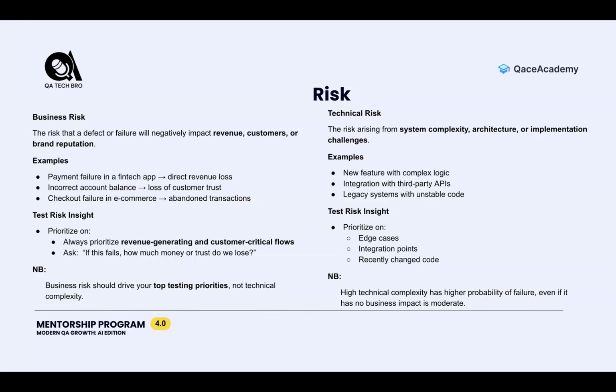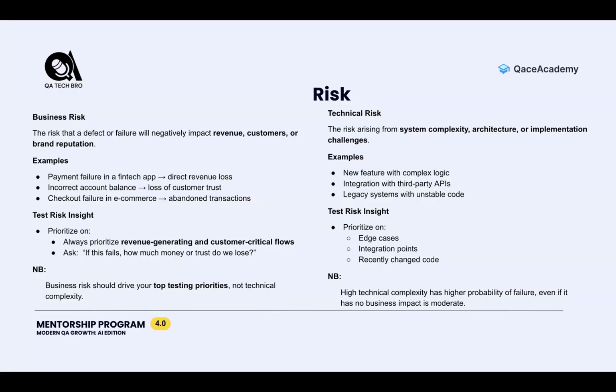We have the technical risk, where you are looking at things around your system complexity, the architecture or implementation challenges. One of the things about this that we tend to always miss out is that this deals with integrating with third-party applications.